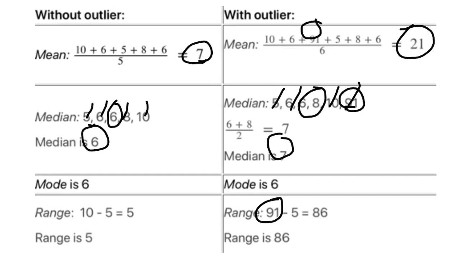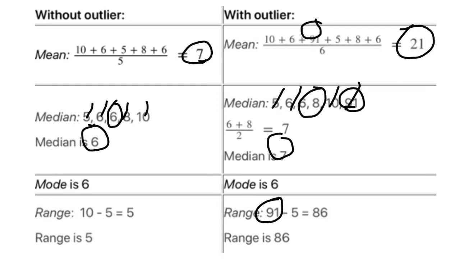Mode is one of those central tendencies that is not always useful unless you are specifically looking for the number that is there most often. It doesn't help us represent the majority of our numbers. It's not a number that most of our numbers tend to gather around. So it's not always the best one simply because the outlier does not affect it. So just keep that in mind.